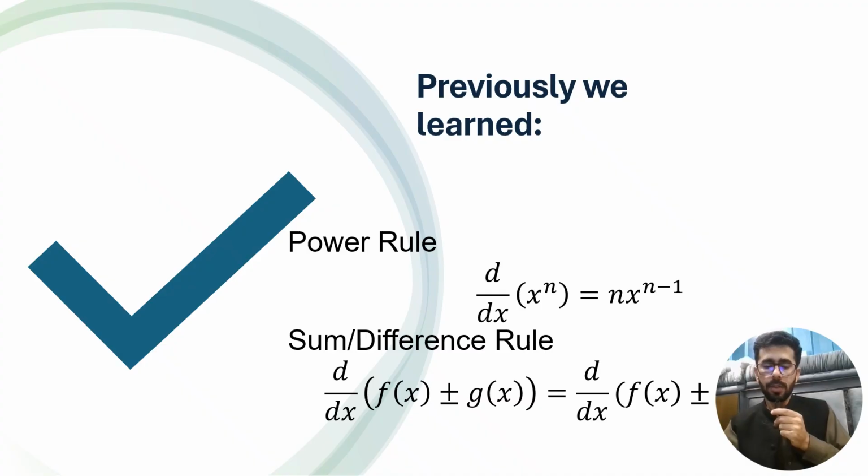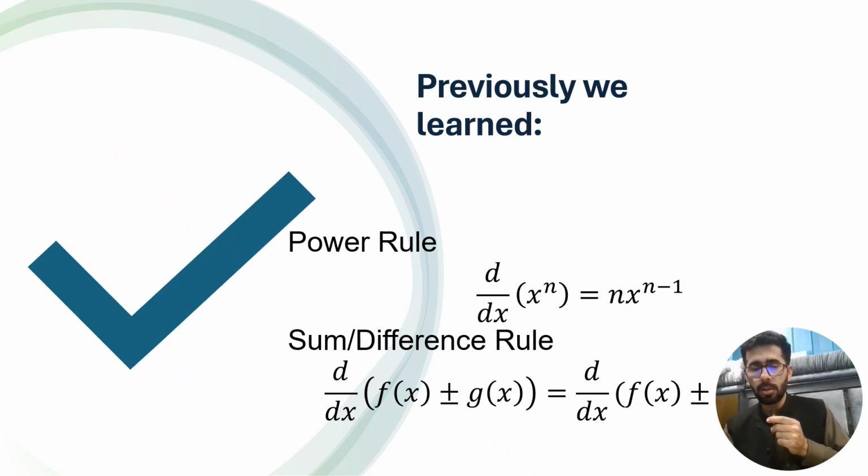So previously we have learned two techniques for finding derivative of functions. First was for power functions. Whenever we get a function in the form of x power n, we find its derivative as n multiplied with x power n minus 1.